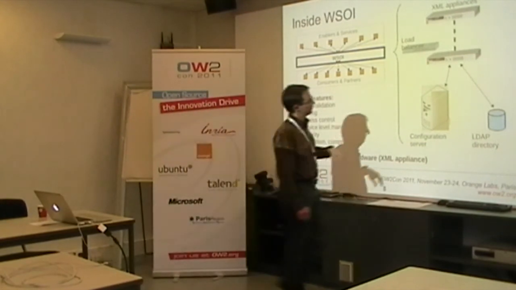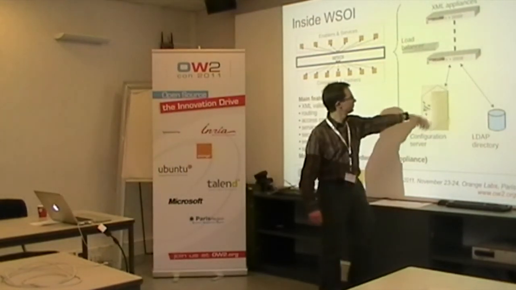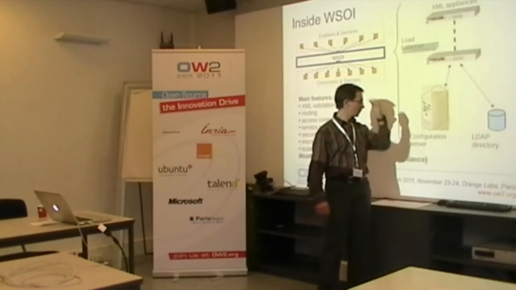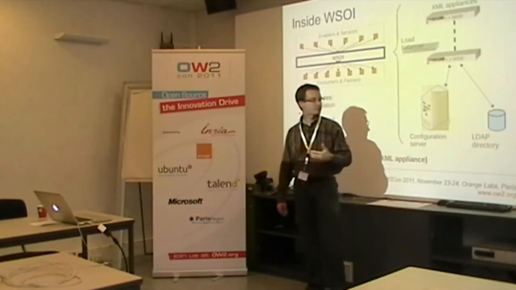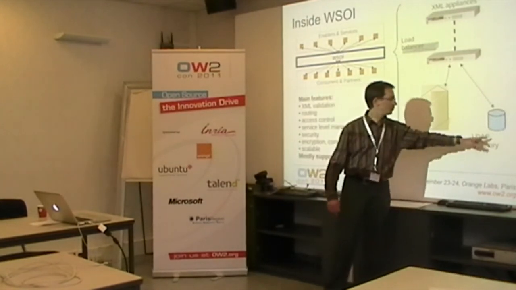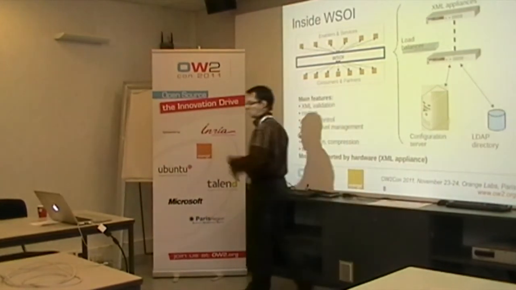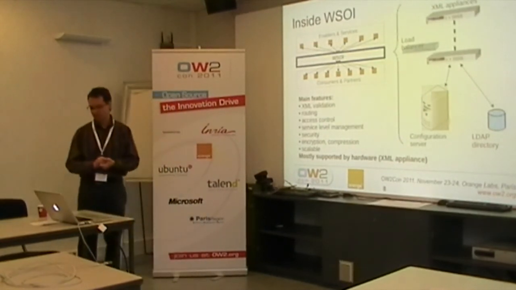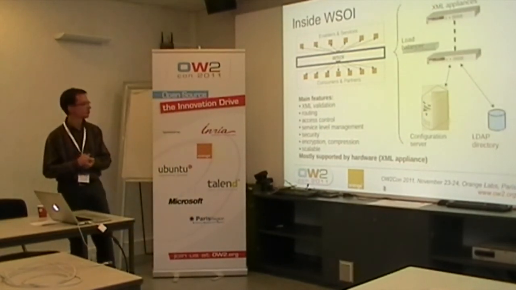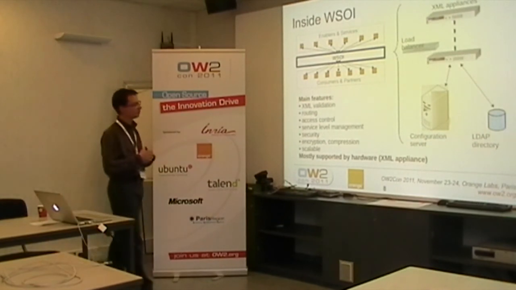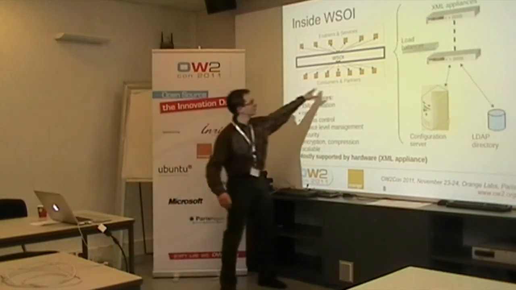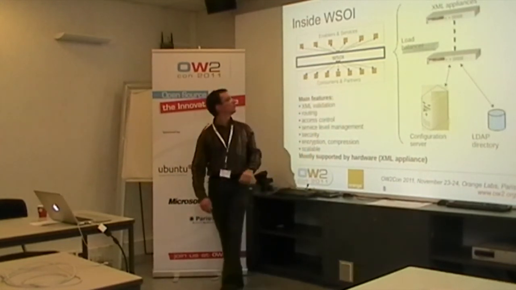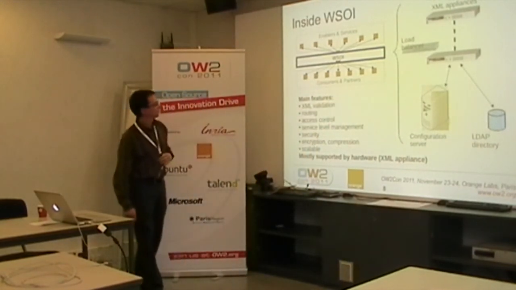And then you have a configuration server, which will push some configuration settings with regard to one particular service. And you have also a directory to record, for example, access control, to know which consumer and partner has subscribed to a given enabler or service.